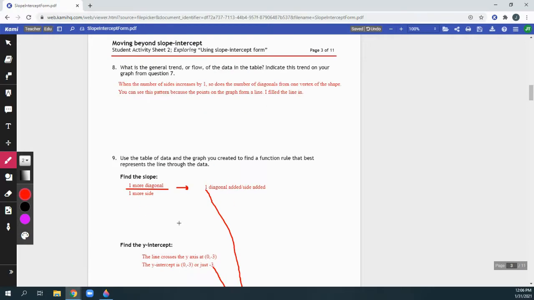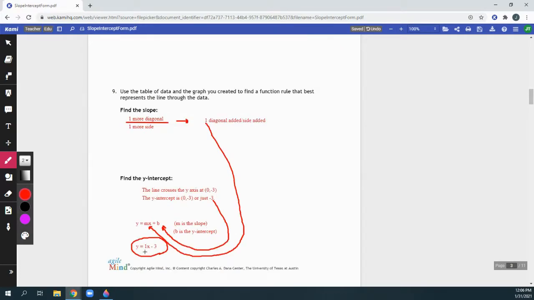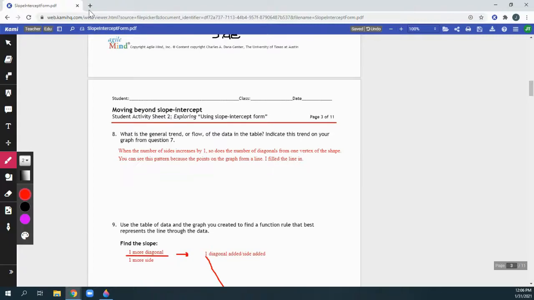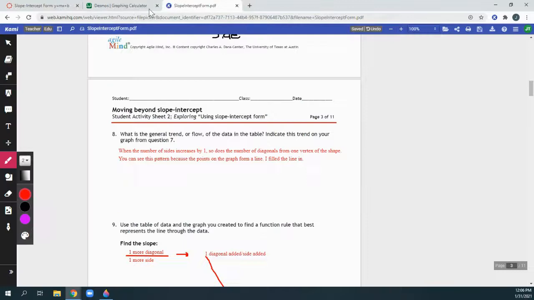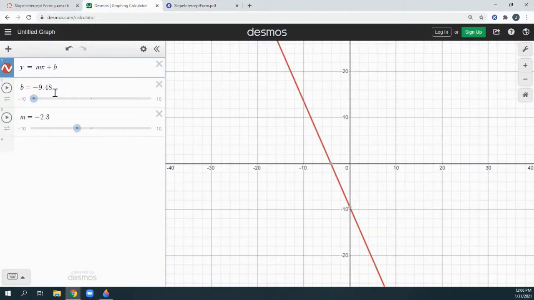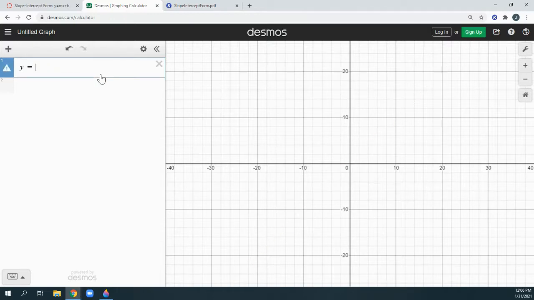What does that mean? That means if I go to Desmos and I type in this right here, y equals 1x minus 3, let's just try it because why not? Here's Desmos. Y equals 1x minus 3.